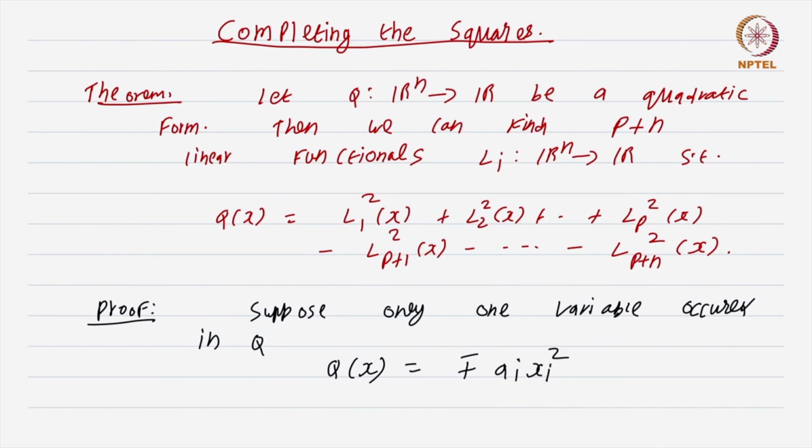One of those numbers from 1 to n, it's got to be a square of those because it's a quadratic form, and there's a constant plus or minus ai.